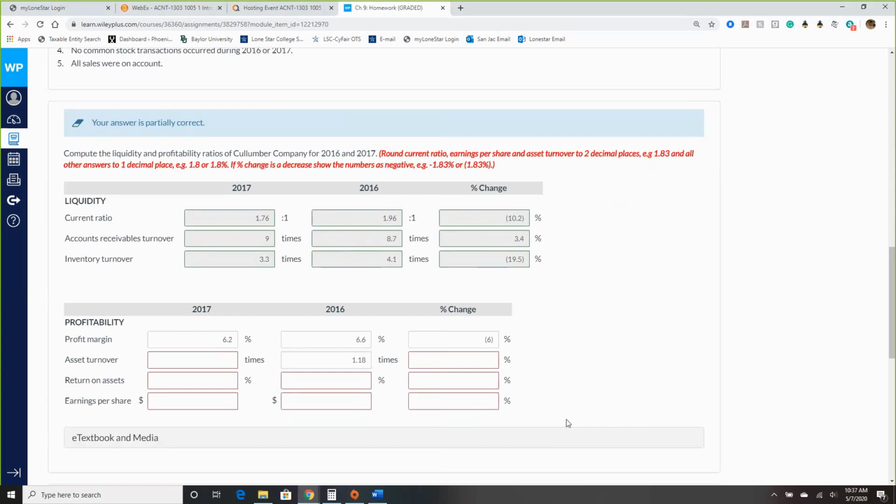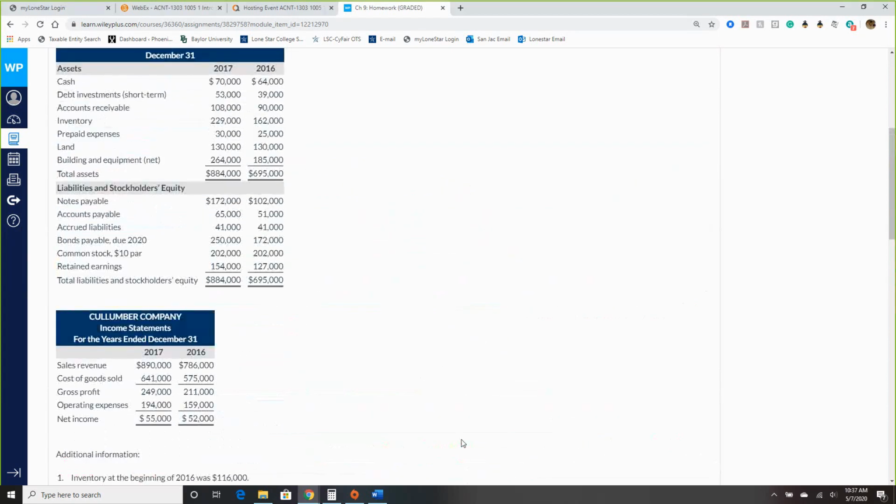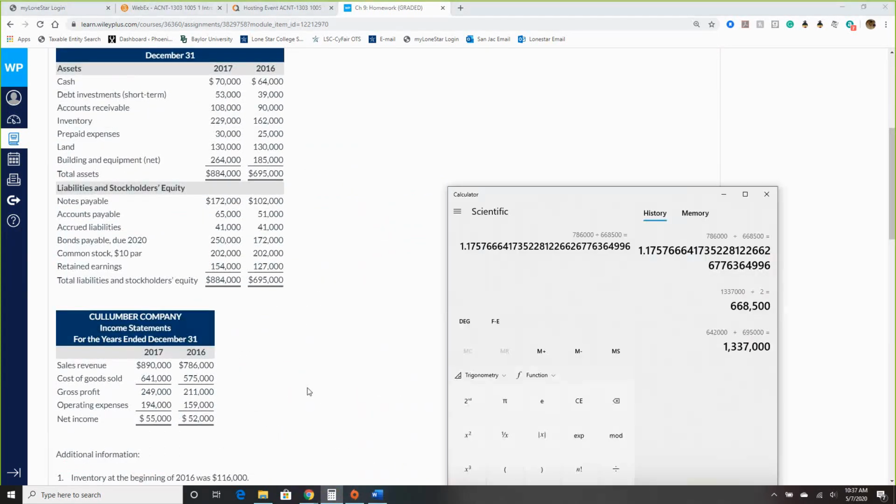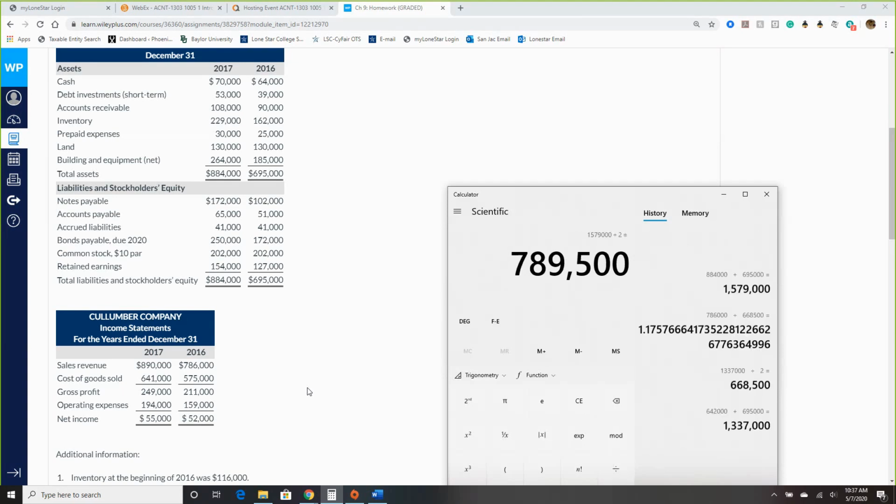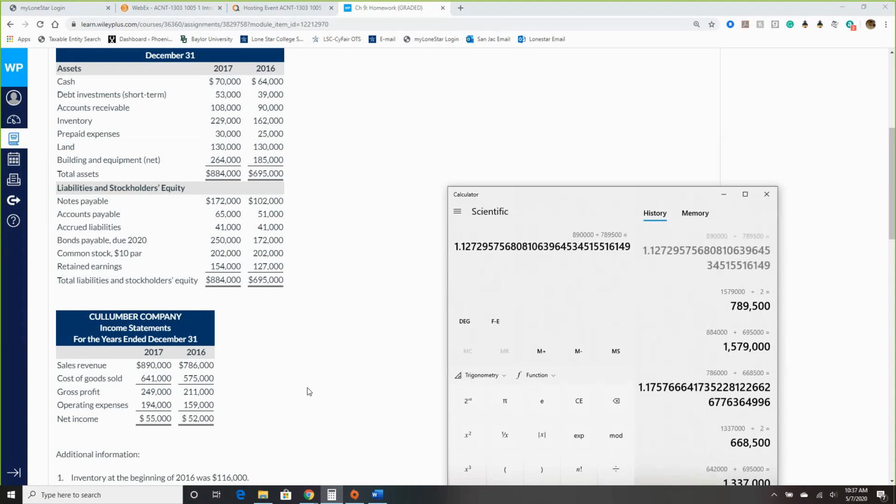Okay. 17, 84. No 2017 number. Added always to the prior. And divide by 2. Okay. Now take our sales and divide by that number. Again, our average and then our net sales. So we get 1.13.